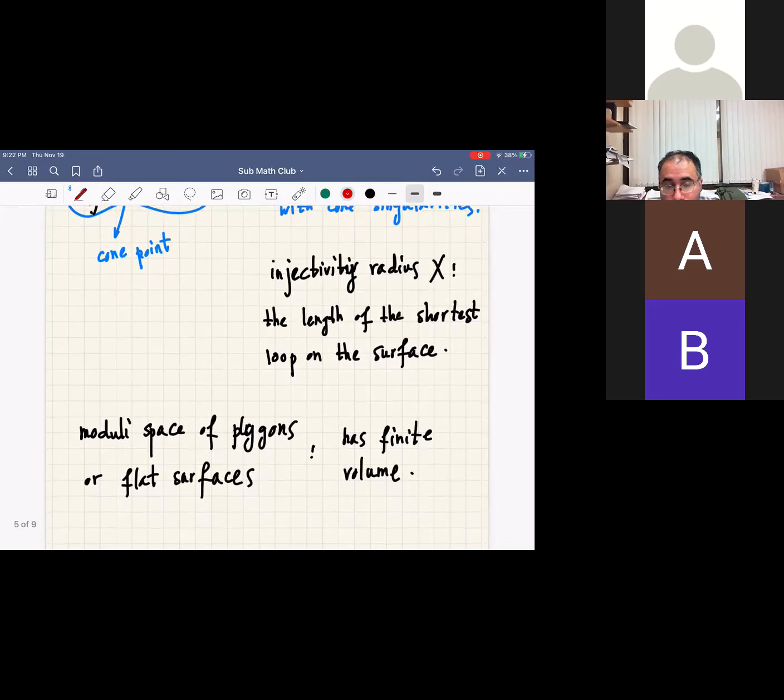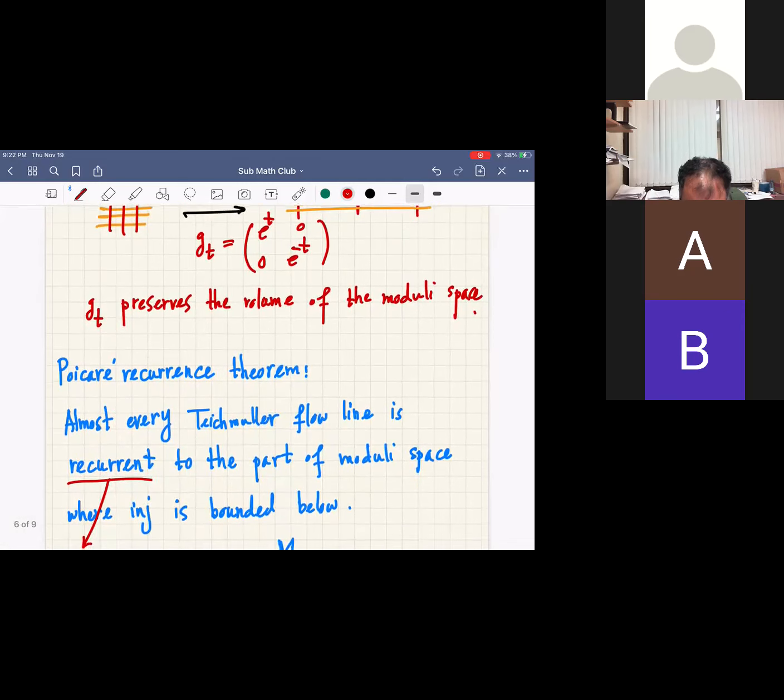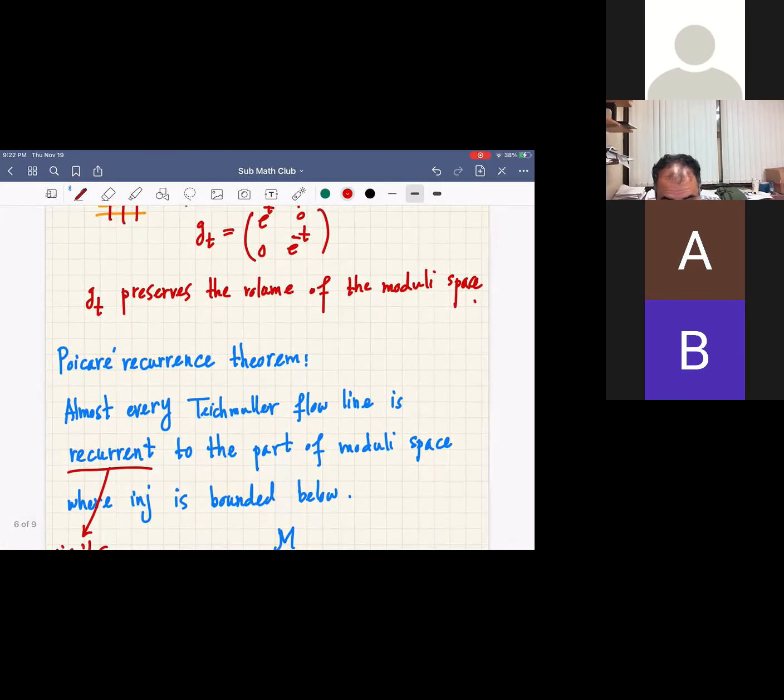You're welcome. You said that this Teichmüller flow, is this like Hamiltonian? Because I guess you have pretty much Liouville's theorem for a Hamiltonian system. Yes, but to be Hamiltonian you also need a symplectic form, right? On the moduli space of Riemann surfaces, it certainly preserves the volume.